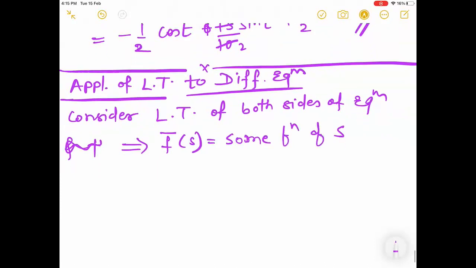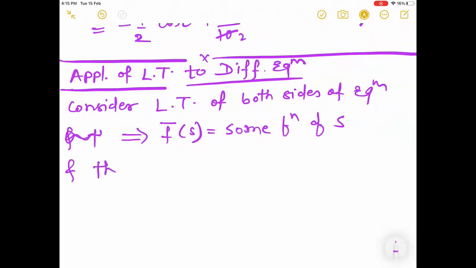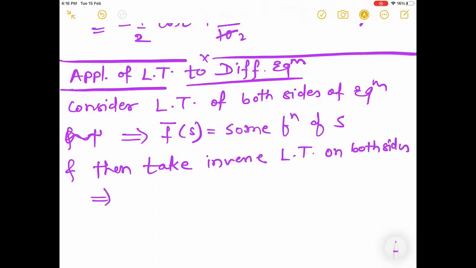Some function of s, and then take inverse Laplace transform on both sides, which gives the original function f of t, function of t as a solution.